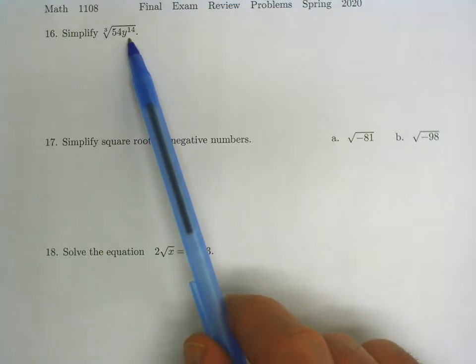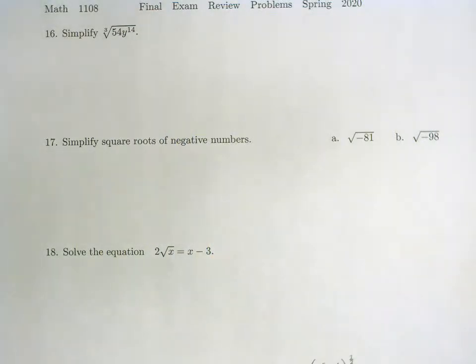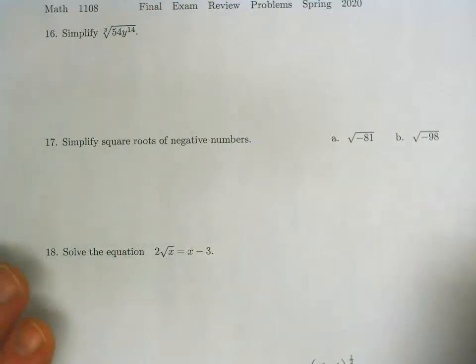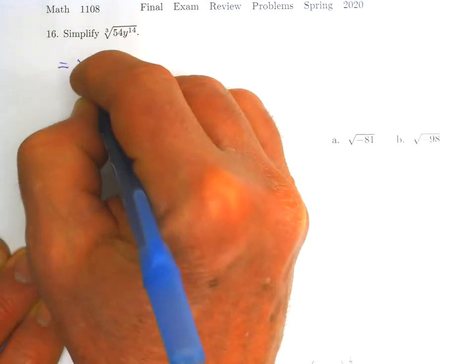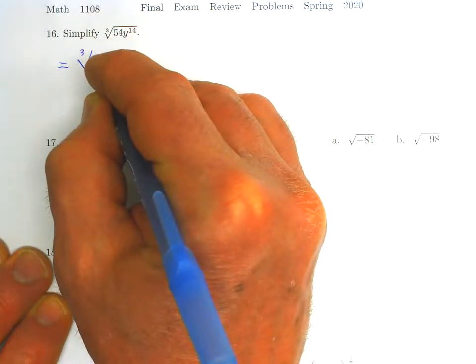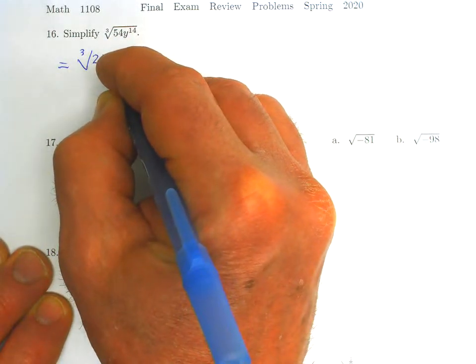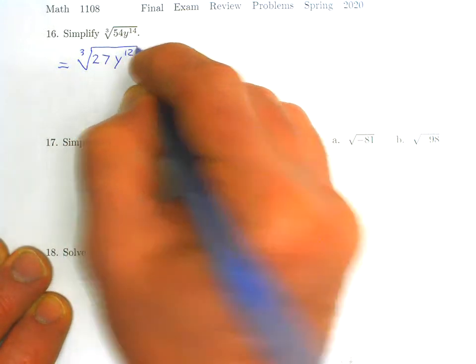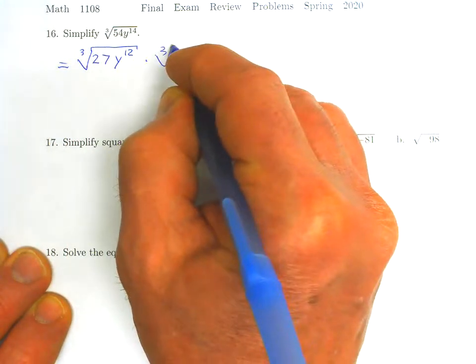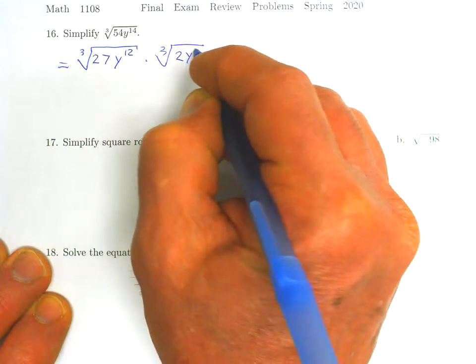And the largest factor of y to the 14th that is a perfect cube is y to the 12th. So we'll rewrite this so that the perfect cube factors are farther to the left. The cube root of 27y to the 12th times the cubed root of the remaining factors, which are 2y to the second.